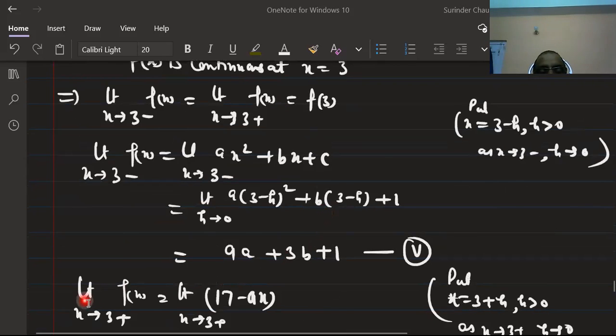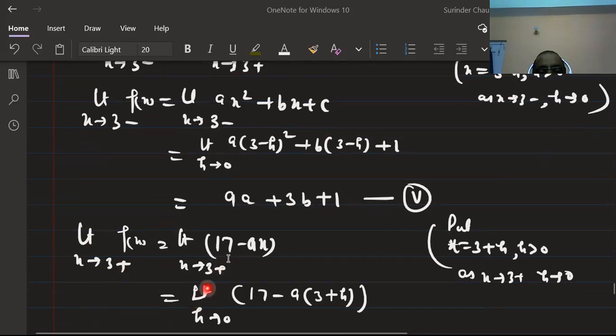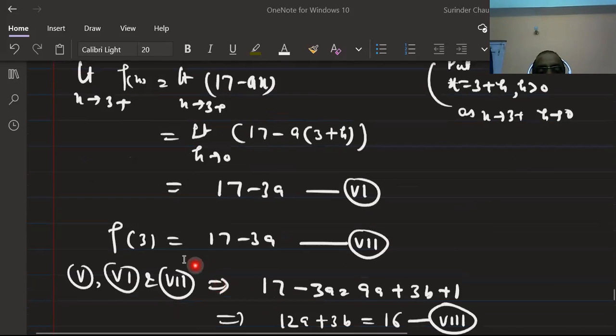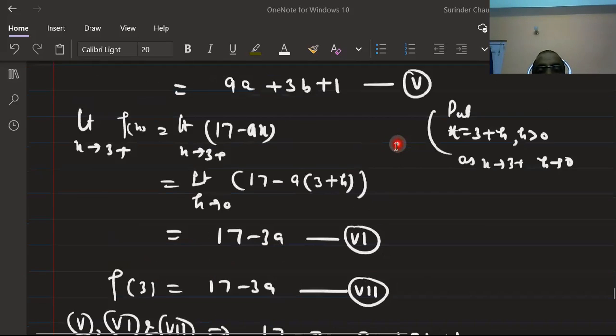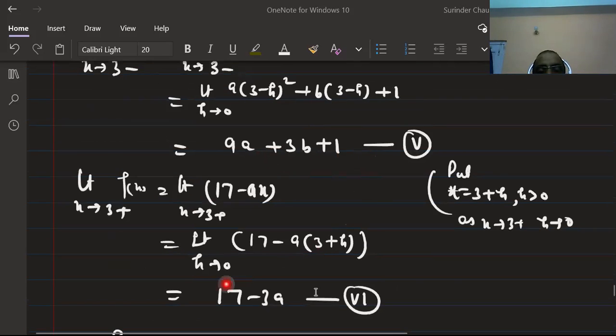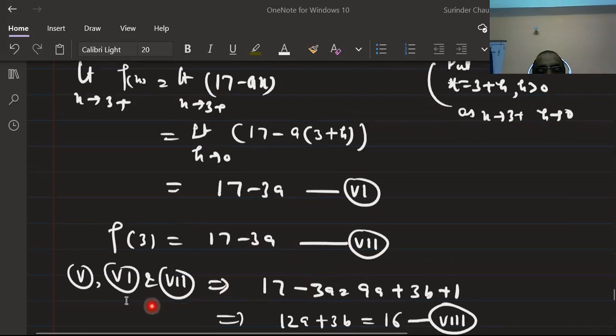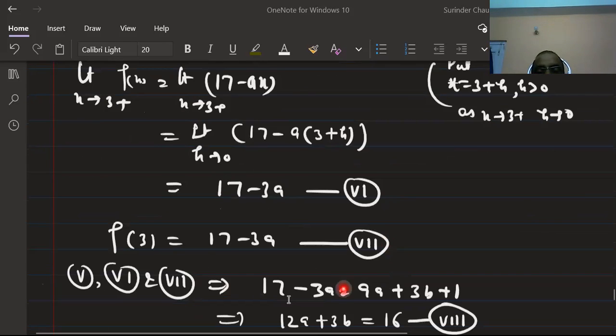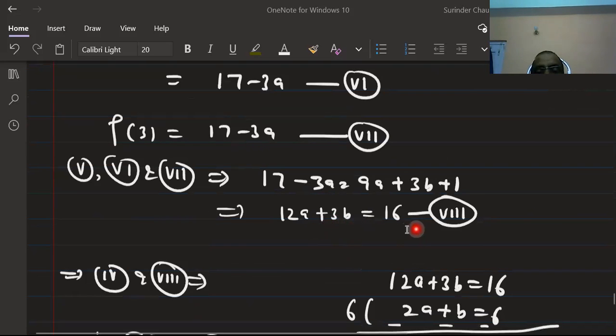The right limit, from the second function, is 17 minus 3 times 2, which is 11. And the value at 3 is 11. So equating, 9a plus 3b plus 1 equals 11. After simplification, we got 3a plus b equals 10/3.